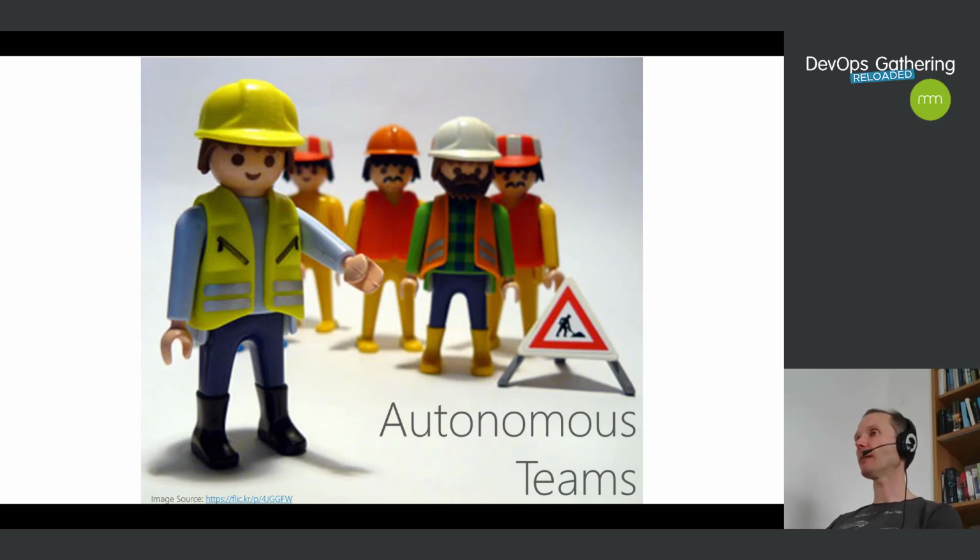Last but not least, I would like to bring in another important theoretical concept or methodology, if you want. That's the methodology of DevOps and autonomous teams. Nowadays, modern organizations organize themselves in autonomous teams where each team can decide which technologies they would like to use.